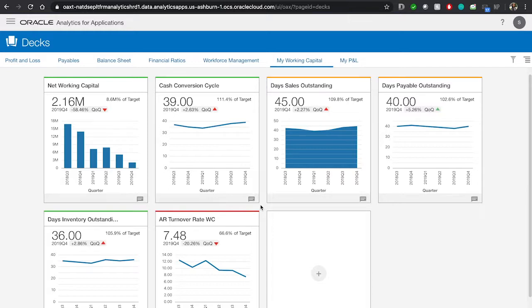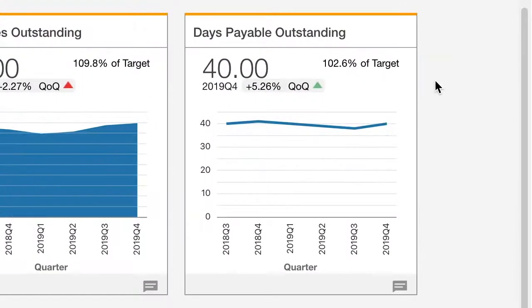This grabs his attention and lets him understand which KPI him and his team actually needs to focus their attention on. But because right now he wants to look at which of their suppliers they're paying back at a later rate, he's going to be looking at the days payable outstanding KPI.